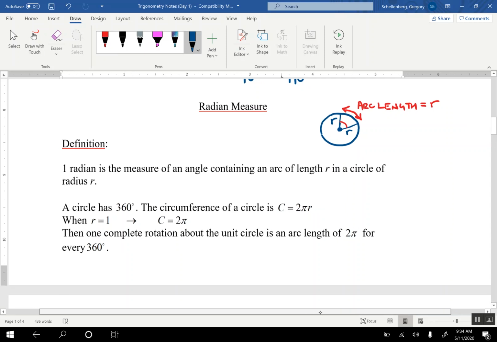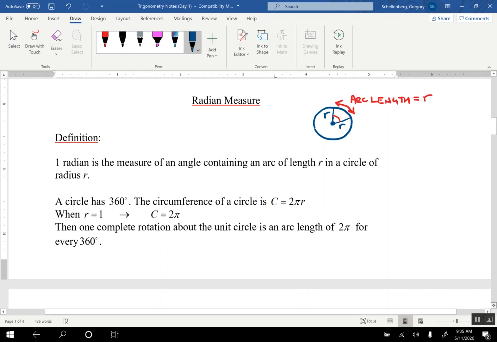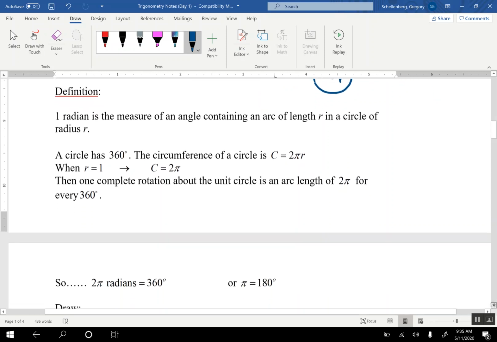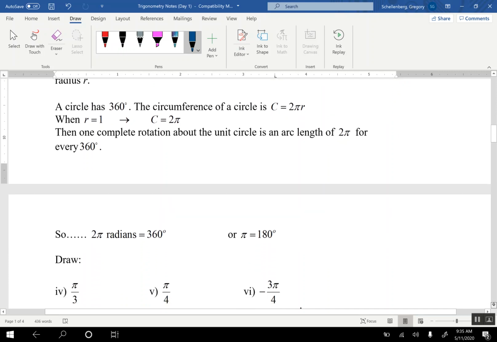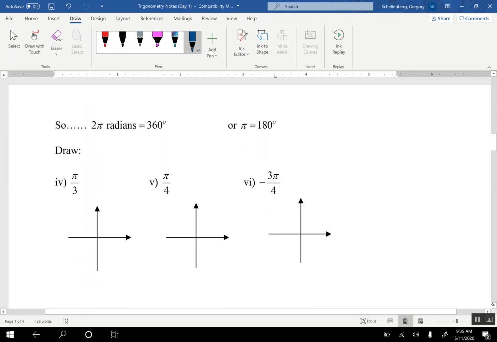Okay, so one of the things that we will come to realize is that 2 pi radians is equal to 360 degrees, and we can work with different fractions off of that. Okay, so 2 pi radians is 360 degrees. Half of that is pi radians, which would be half of 360, or 180 degrees.